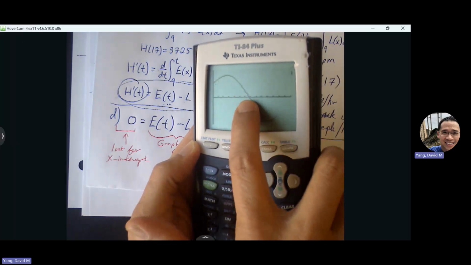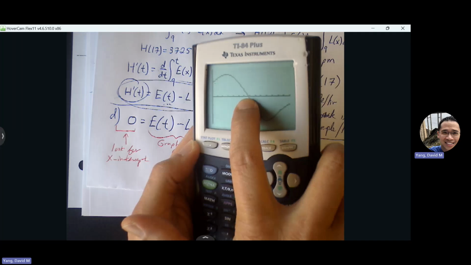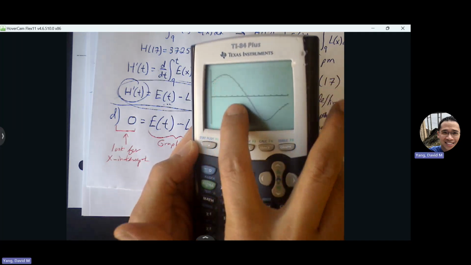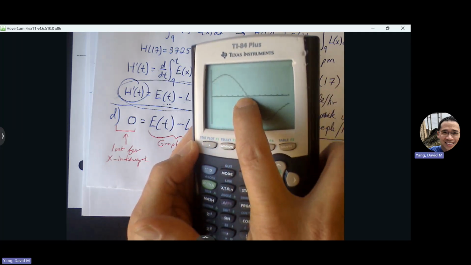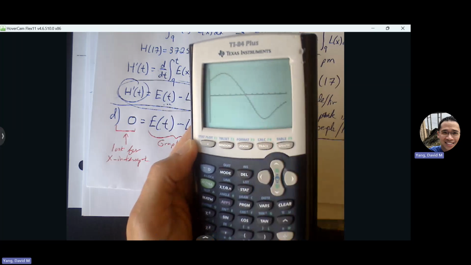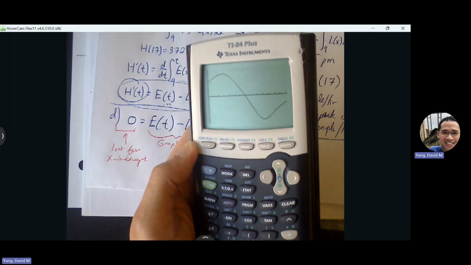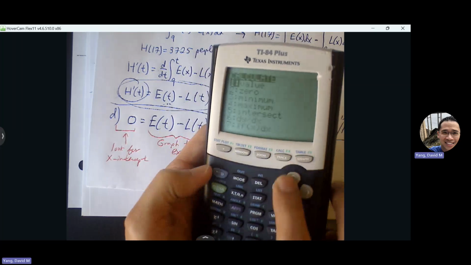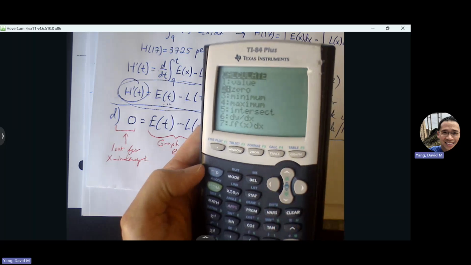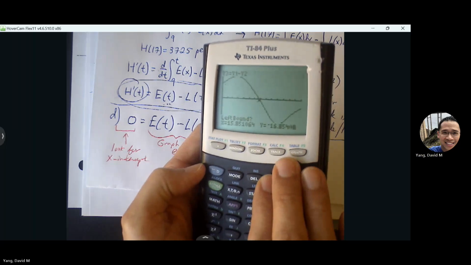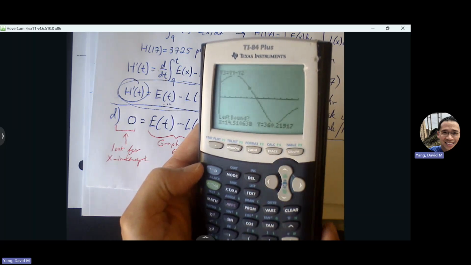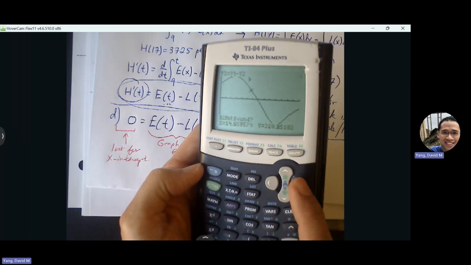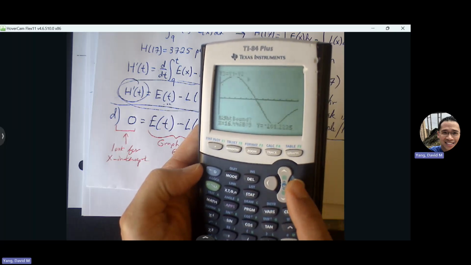That's what I'm looking for here: the x-intercept where E of t minus L of t zeroes out, because after that my park size is going to start decreasing. So do alpha trace 0, pick a point to the left of the x-intercept, hit enter, pick a point to the right of the x-intercept, and hit enter again.